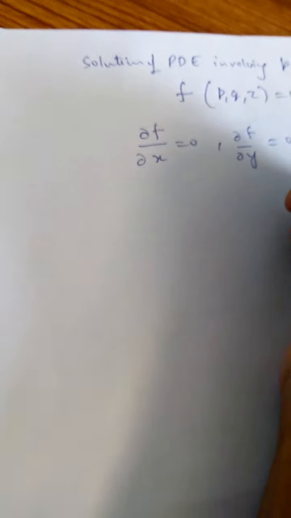For this, as there is no x, no y, the partial derivative of f with respect to x is 0 and the partial derivative of f with respect to y will be 0, as it does not contain x and y.